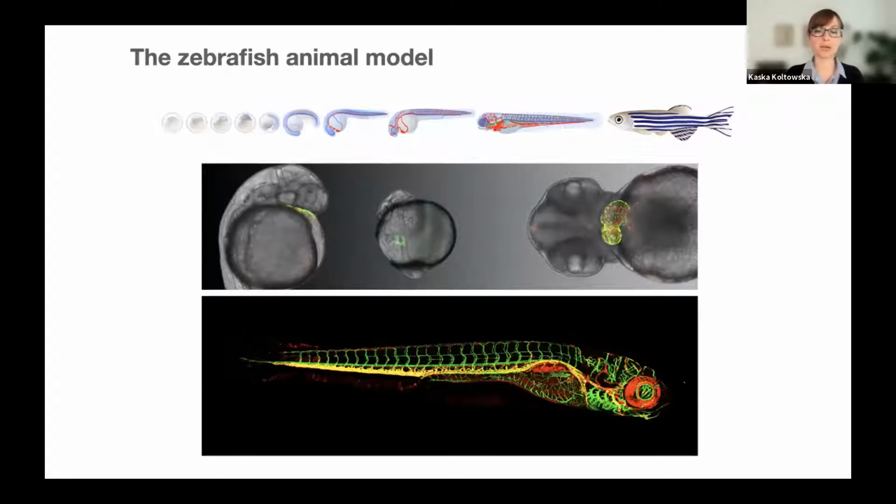And at the bottom you can see the vasculature of a 5 days post-fertilization embryo. Using this combination of transgenic lines, one can distinguish between the arterial, venous, and lymphatic vasculature. So you can imagine this is quite powerful to really see how the development happens as a whole across the whole developing embryo.